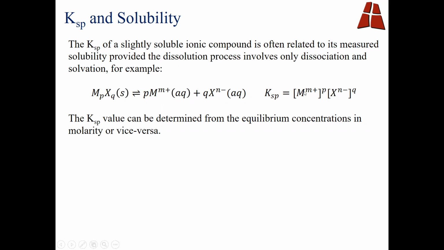What I'm really asking you is to solve for the concentration of the ions, right? With this, the Ksp value can be determined from the equilibrium concentration in molarity, or depending on what you're given, you can also go the other way. If you're given the molar concentrations at equilibrium, you can solve for Ksp, right?